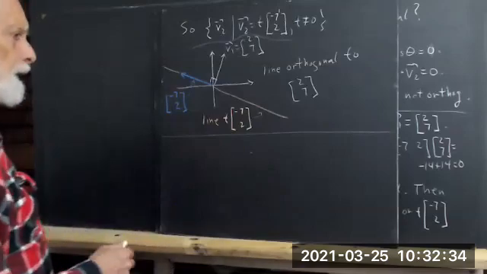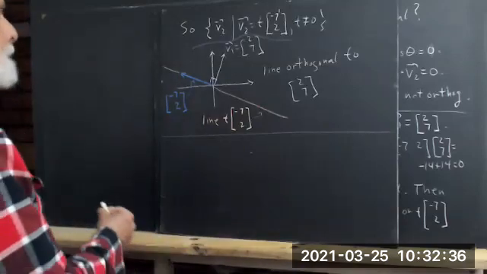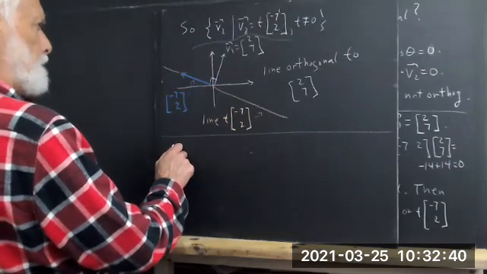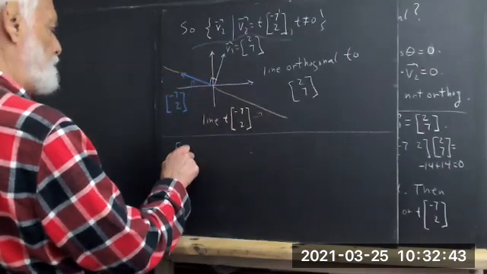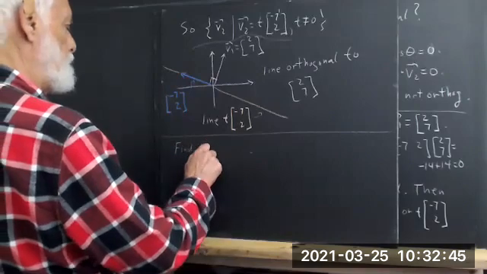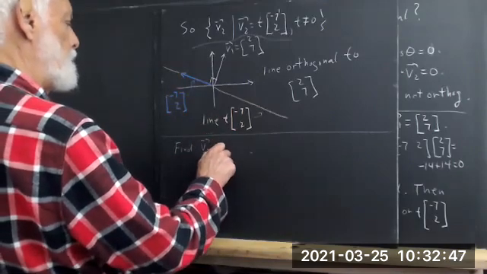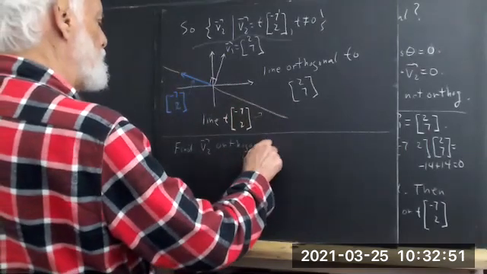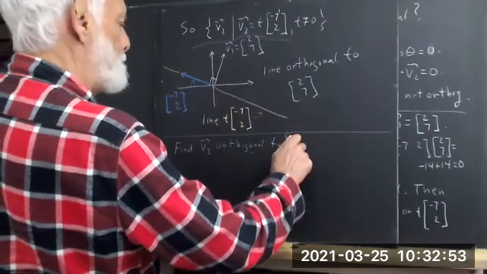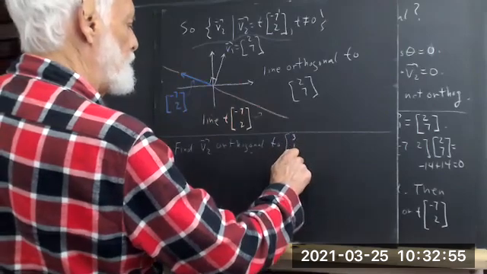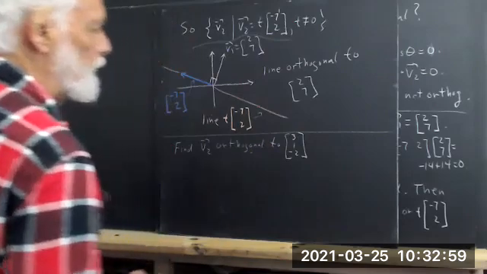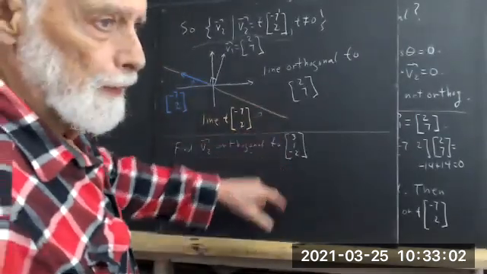We're going to pose it here and then just talk about how it works out. Find V orthogonal to the vector 3, 1, -2.